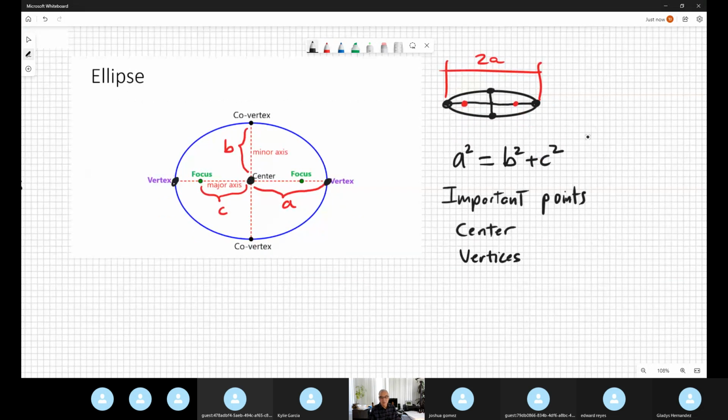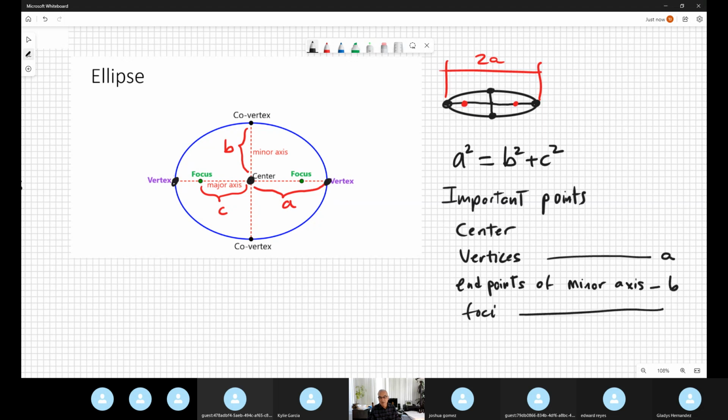You call endpoints of minor axis. It's too long, but more clear. Foci. You have two. And the distance associated with that vertex is A, endpoint of minor axis is B, and the focus is C. Of course, that distance is measured from the center. Okay.